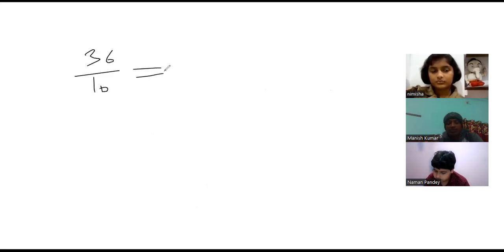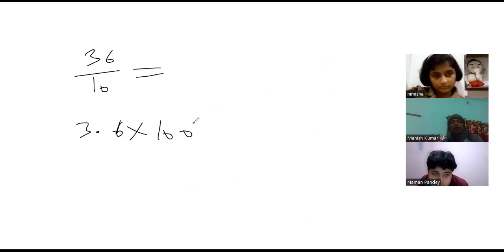Have you learned about decimals and fractions? Then where to put the decimal point, how to do it? If I am writing here 3.6 into 100, what will be its value? If we are dividing by 10, then one decimal place will come.